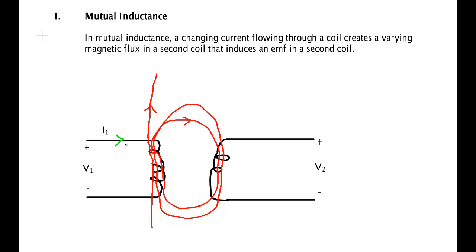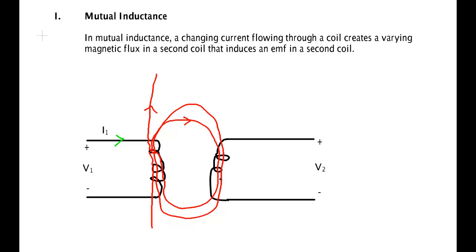If the current is changing in the first coil, then the magnetic flux that it produces is also changing with respect to time. And that changing magnetic flux that's intersected by the second coil can induce an EMF in the second coil. So here you see we have some red field lines. They shouldn't be crossing there, but my drawing's not too good.